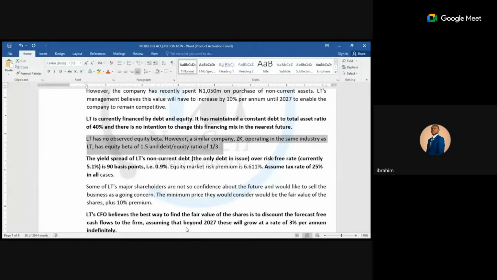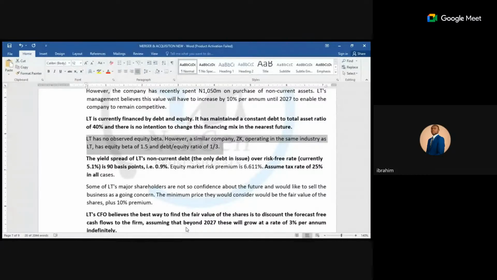Yes, you may be a research analyst and you want to value the business. The business does not have an equity beta. What you need to do is look for a similar company, like a financial institution. Maybe you want to do valuation on, for instance, Jitco.